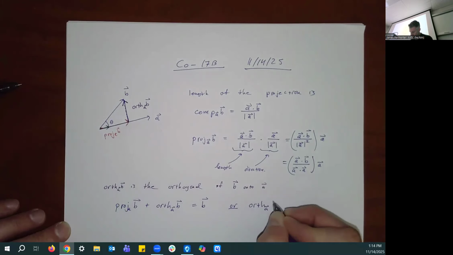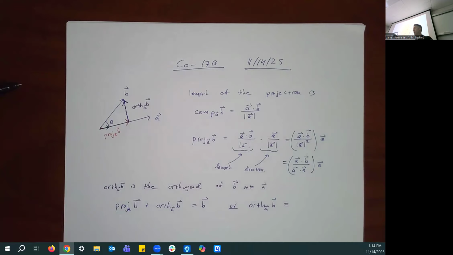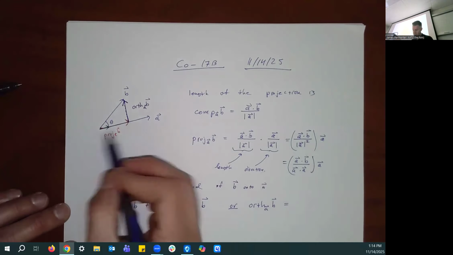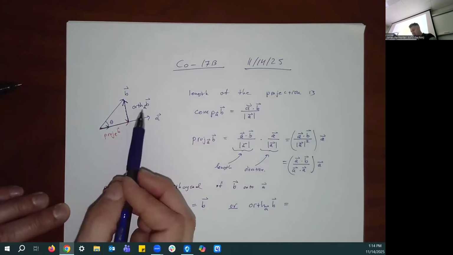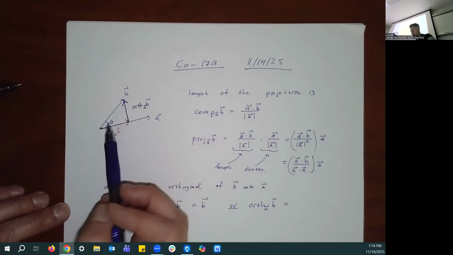Very generically, these kinds of things are probably easiest to find by drawing a picture. If you can draw the picture, it's straightforward to see that the orthogonal part is just B minus the projection.